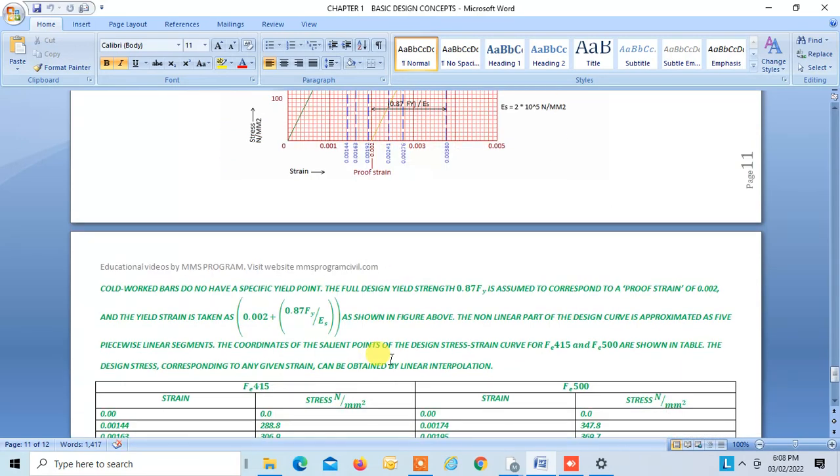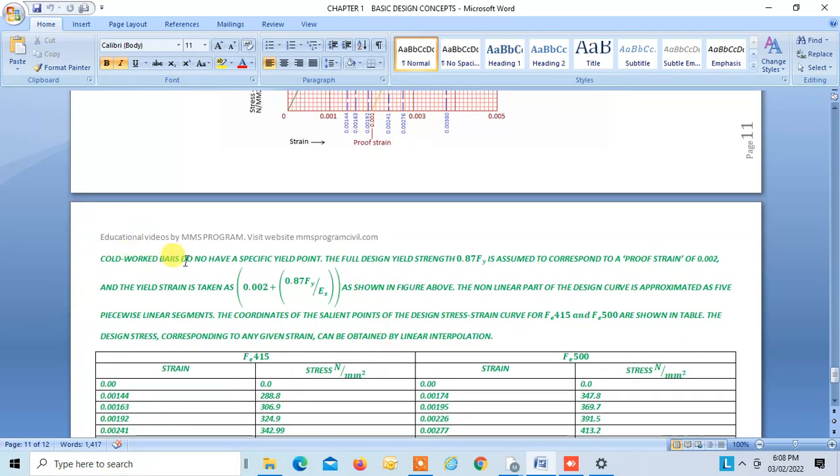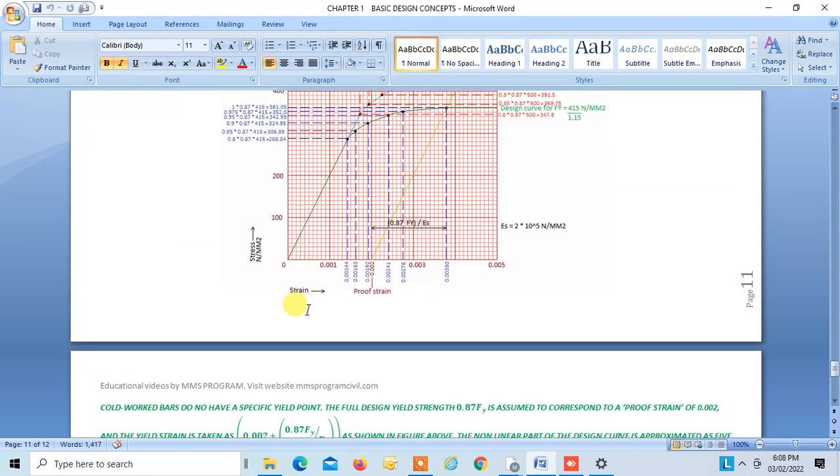Cold worked bars do not have a specific yield point. The full design yield strength of 0.87 fy is assumed to correspond to a proof strain of 0.002, and the yield strain is taken as 0.002 plus 0.87 fy by Es. Very simple.